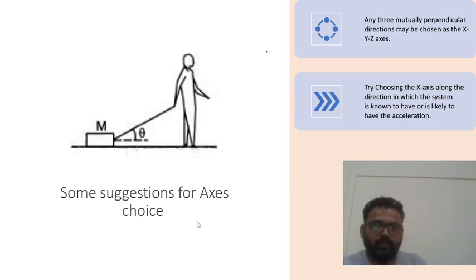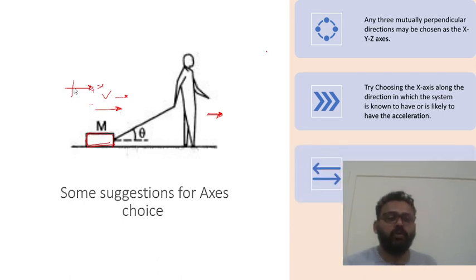As I said before, if this man applies a force on this mass m in this direction, then naturally this mass will have velocity in this direction, correct? So while choosing axes for this mass, it's natural to choose the positive x-axis in this direction, and perpendicular to that x-axis should be your y-axis.